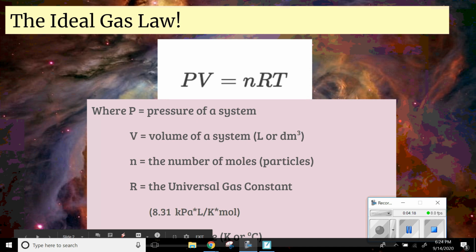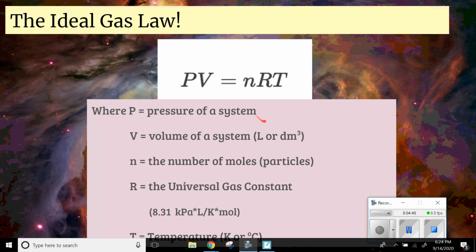So here it is, the ideal gas law. PV equals nRT: pressure times the volume of a system will equal the number of moles of gas in that system times the universal gas constant times temperature in kelvins. Please do not forget to change that temperature to kelvins.